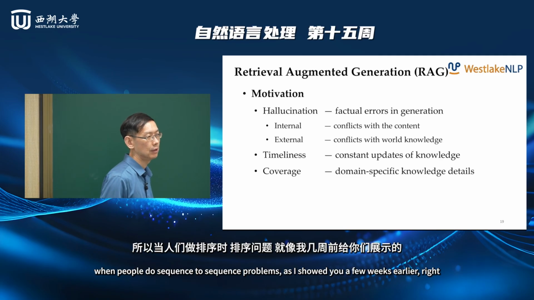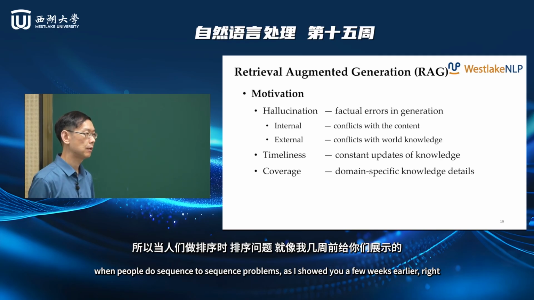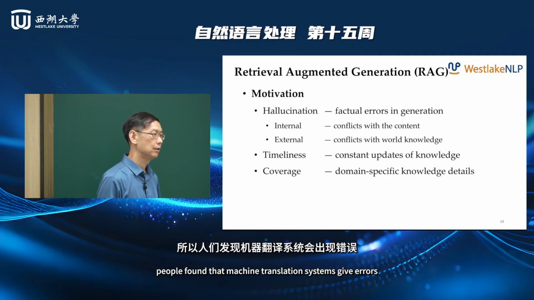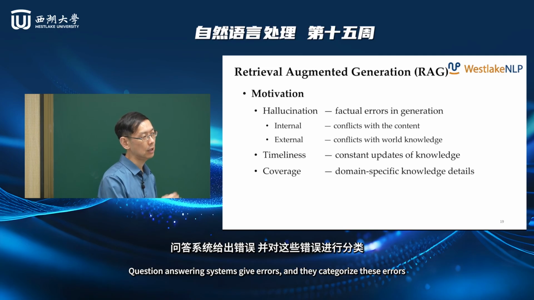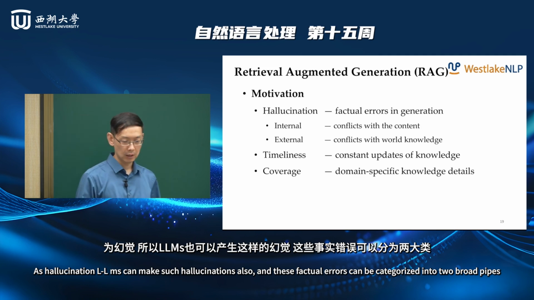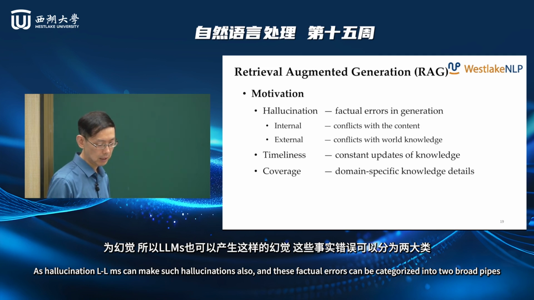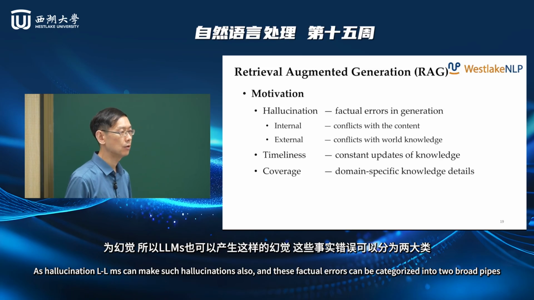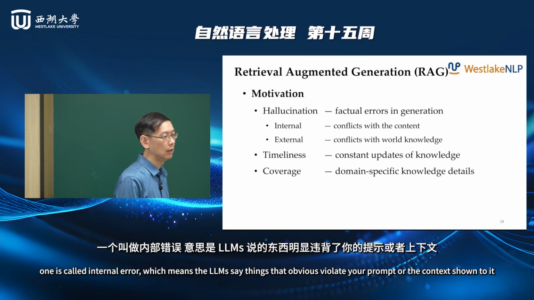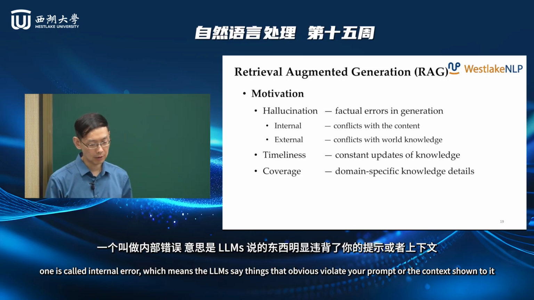When people do sequence-to-sequence problems, as I showed you a few weeks earlier, people found that machine translation systems give errors, question answering systems give errors, and they categorize these errors as hallucination. So LLMs can make such hallucinations also. And these factual errors can be categorized into 2 broad types. One is called internal error.